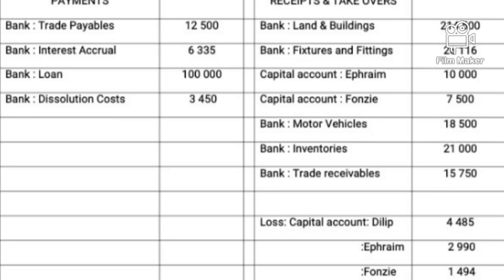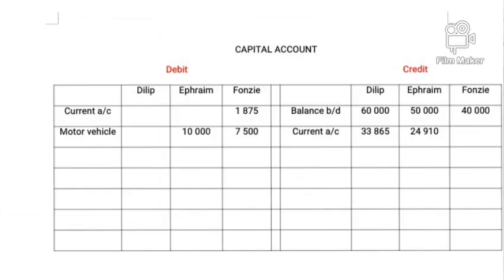So to complete double entry, I'm going to post those takeovers on the debit side of the capital account. But I'm going to write motor vehicles as my details. Then under the column of Dilip, I'm going to put 10,000. Under the column of Ephraim, I'm going to put 7,500.